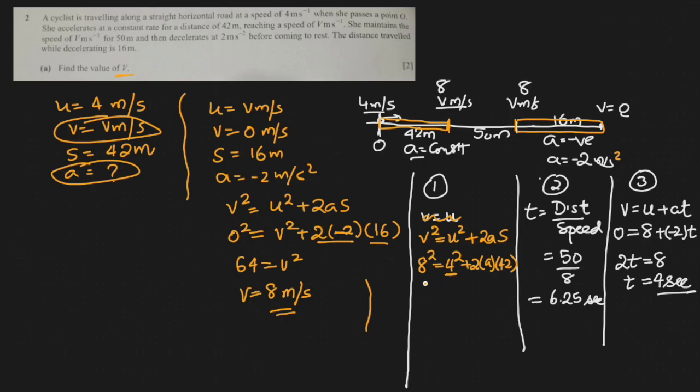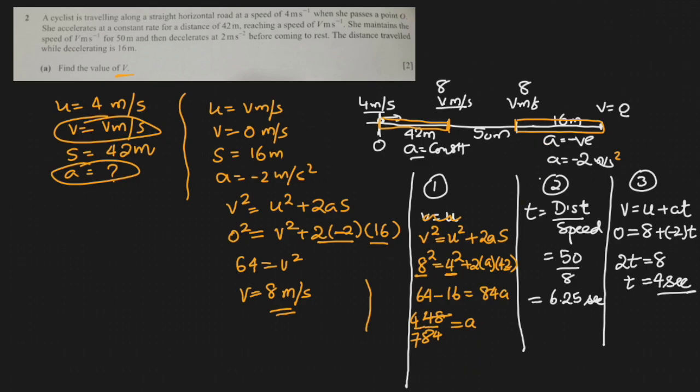So 16 and 64. It becomes negative on the left side and this becomes 42 times 2, 84a. So 48 over 84 is the acceleration, which is 4 over 7 meters per second square. Okay. Now we can find time.